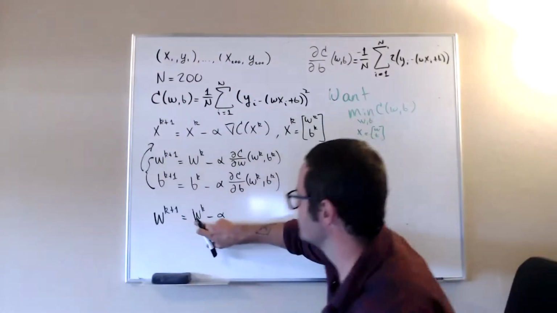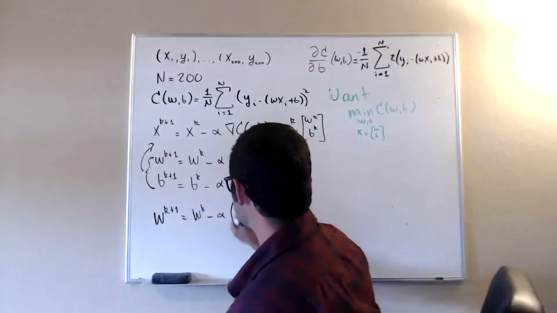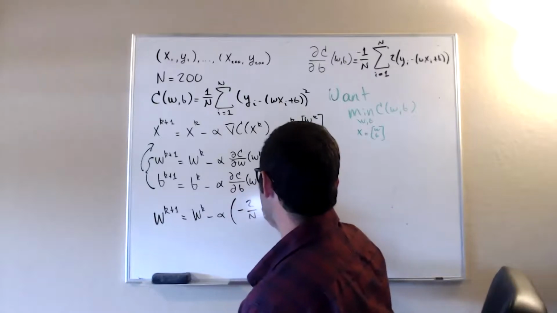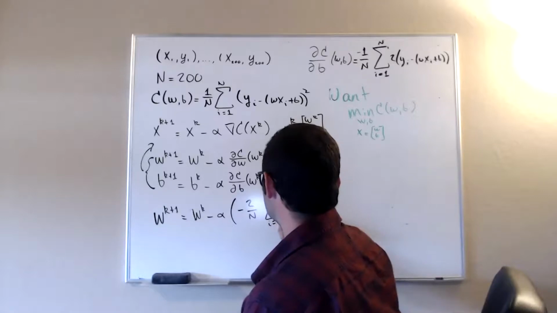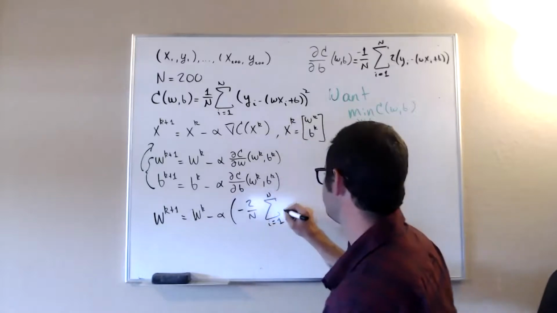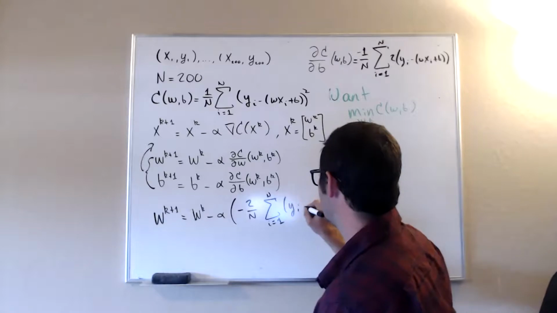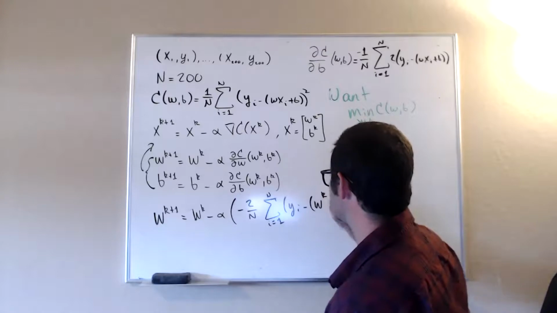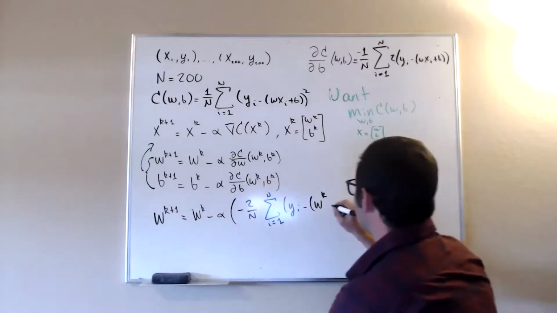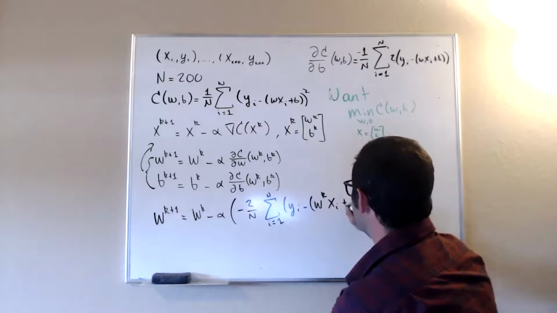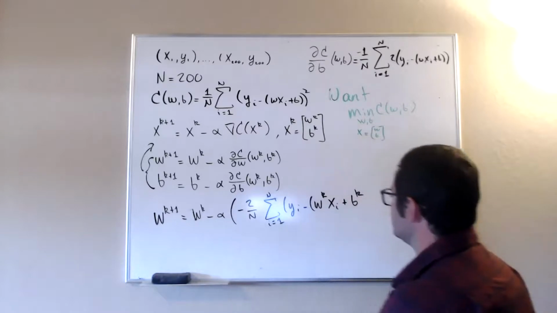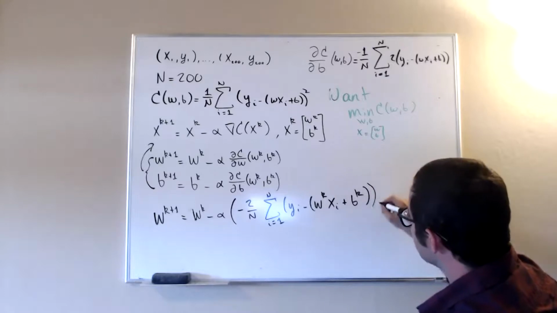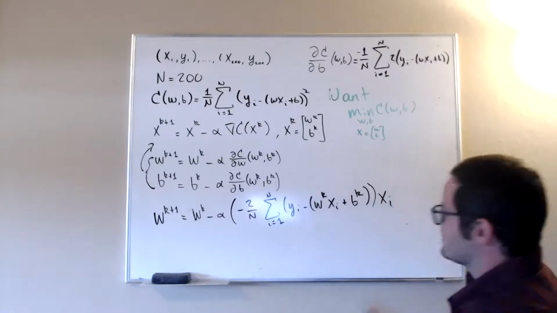That partial derivative was given by -2 over n times the sum from i equals 1 to n of yi minus w_k times xi plus b_k, all times xi.